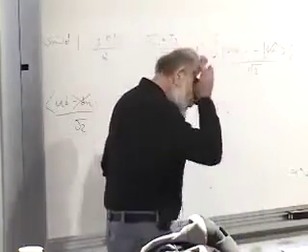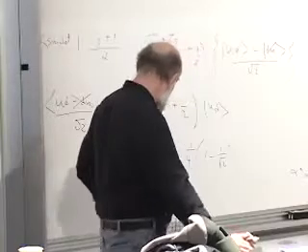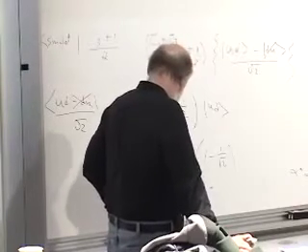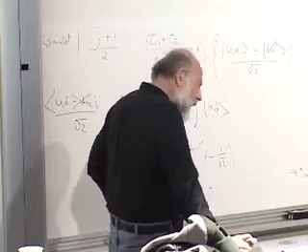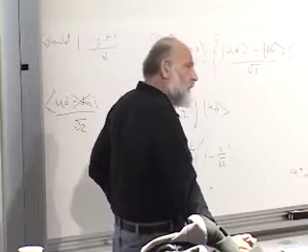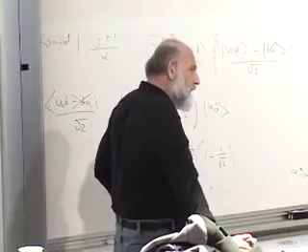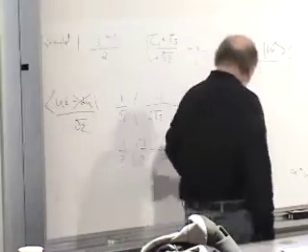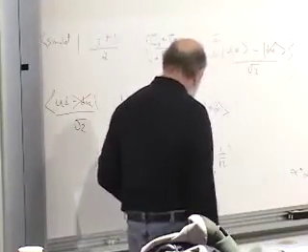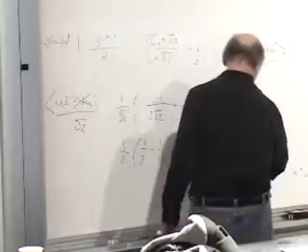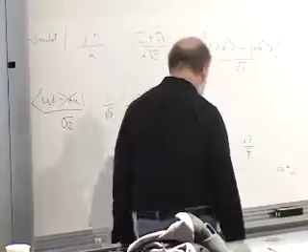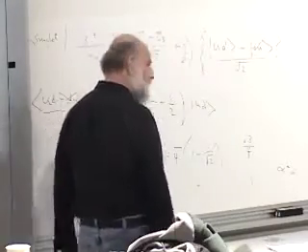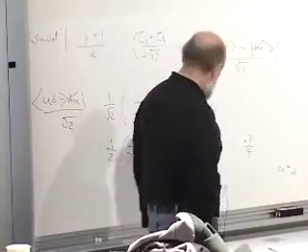All right, 1 over square root of 2 is about 0.7, right? 1 over square root of 2 is 1.4. 1 over 1.4 is about 0.7. 1 minus 0.7 is 0.3. So this is 0.3 over 4. How big is that? 0.075, right?